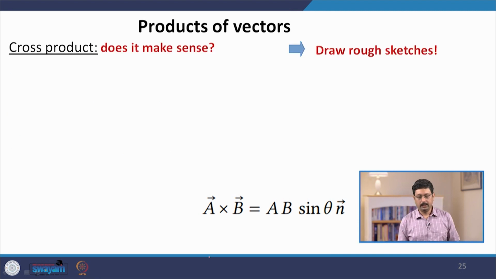Again, when we see this definition or formula, you have to ask again, does it make sense? And again, the first strategy that we learned is to draw sketches.